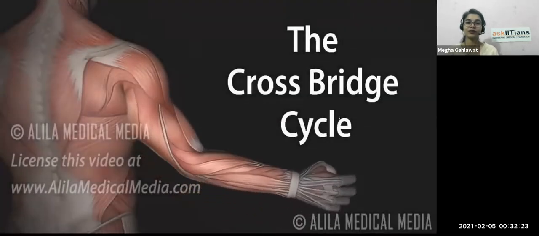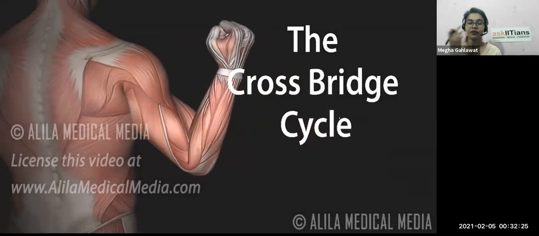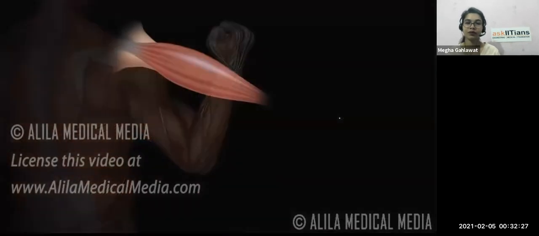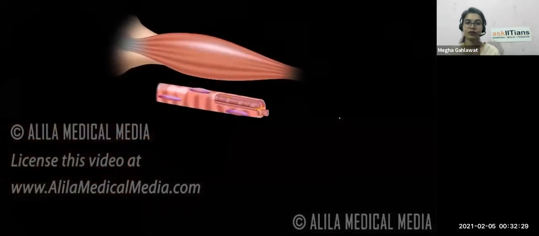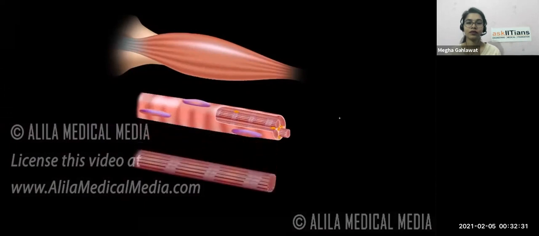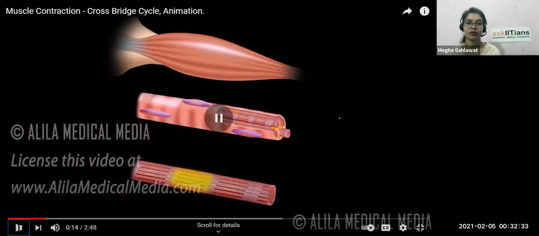Muscle contraction is at the basis of all skeletal movements. Skeletal muscles are composed of muscle fibers, which in turn are made of repetitive functional units called sarcomeres. Remember when I told you about the sarcomere, how they start from one Z line to another Z line, right? And they have an H band and multiple bands together, which make one functional unit.